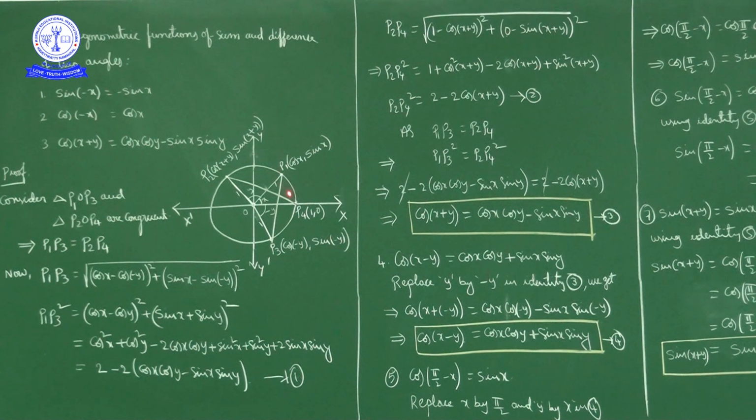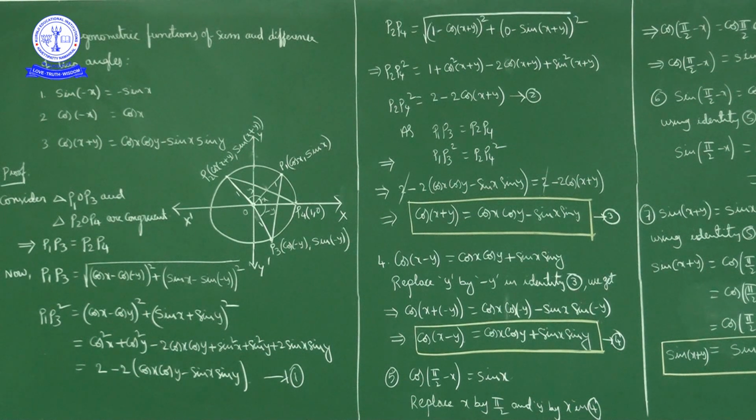Similarly, P4 to P2 is the angle made by the arc at the center, x plus y, so the coordinates of P2 are cos of x plus y comma sin of x plus y.